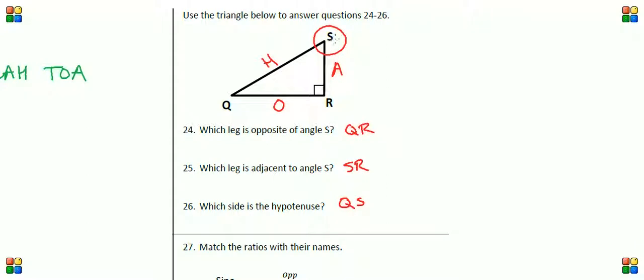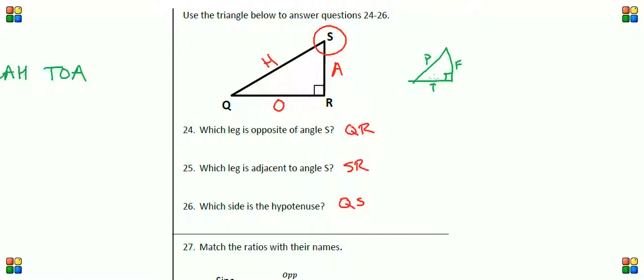So when you have a triangle where only the vertices are labeled, you have to name a side by two letters. Now this is different. Real quick, let's take a look at this. This is different than if you had a triangle. Here's a right triangle, and let's say they put on here, this is P, and this is F, and this is T. Now look, now the letters are written next to the sides, not next to the vertices.